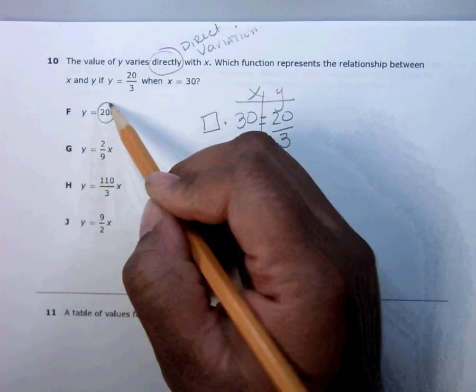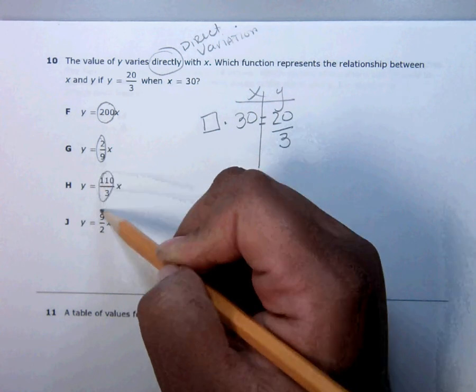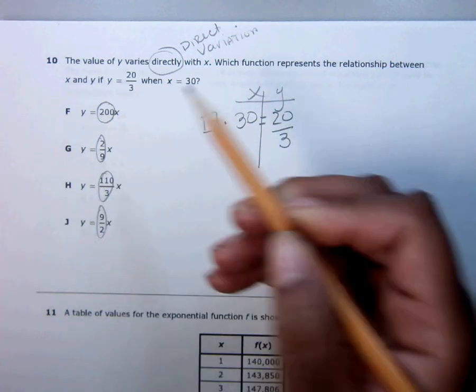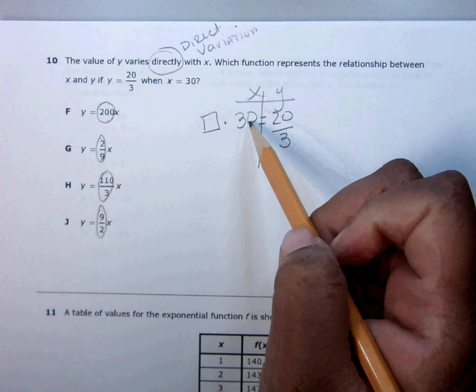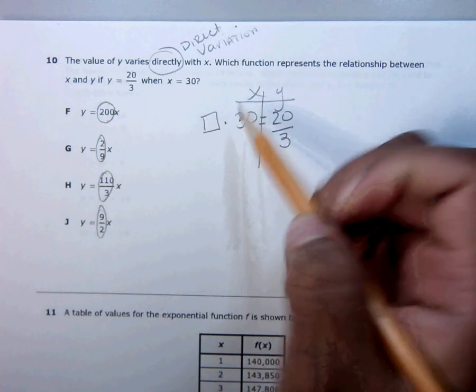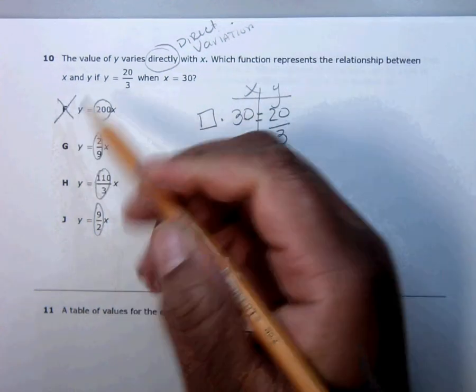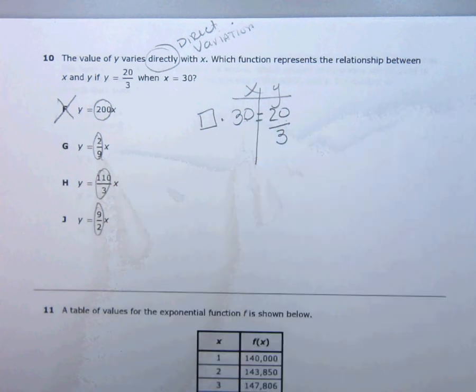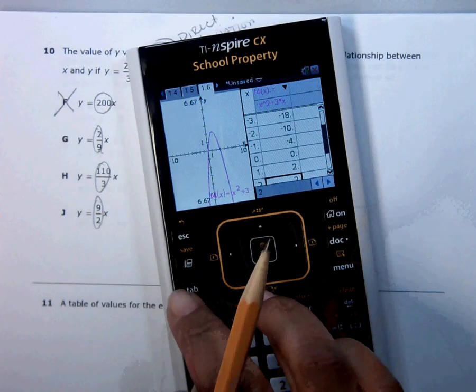And you're going to use these numbers. And 200 times 30 is going to be a really big number. That's not right. What about 2 over 9 times 30? Let's try it and see what happens.